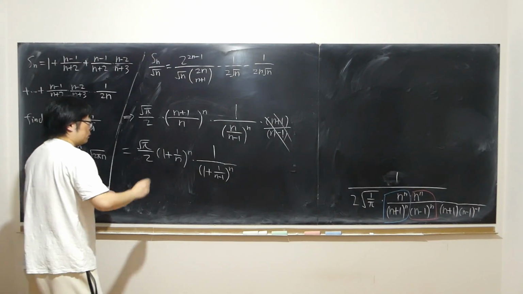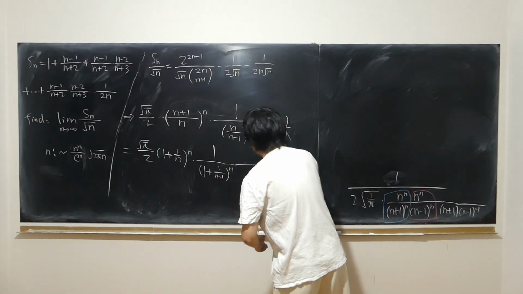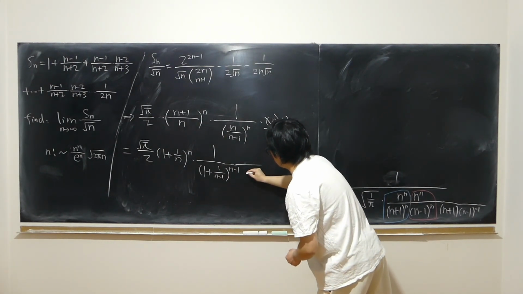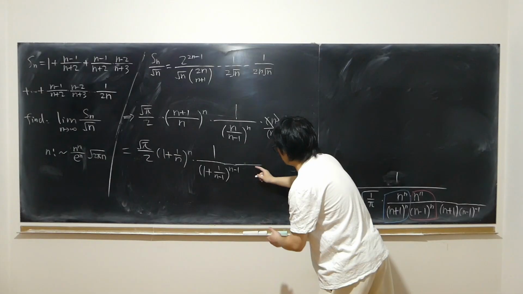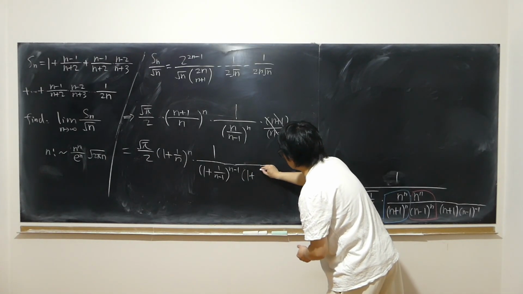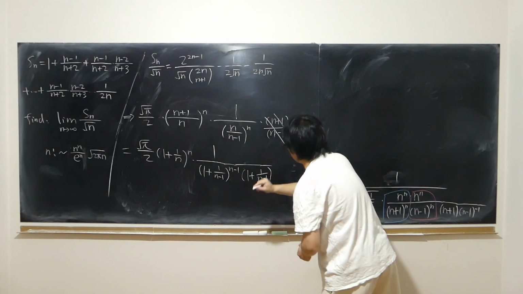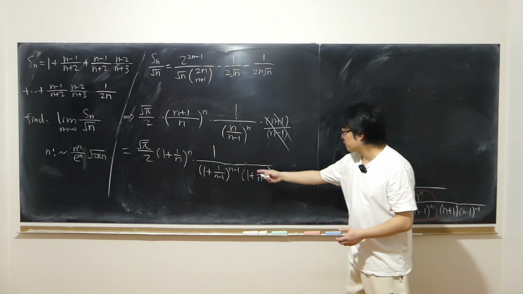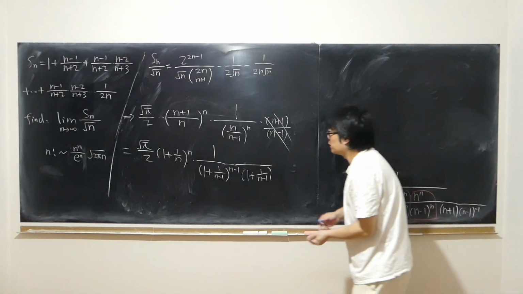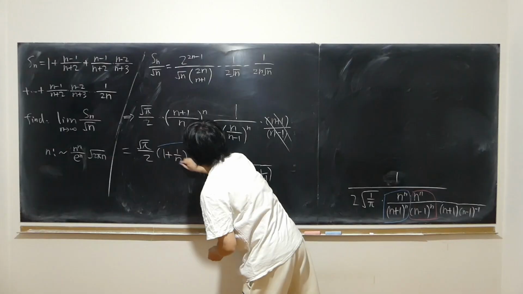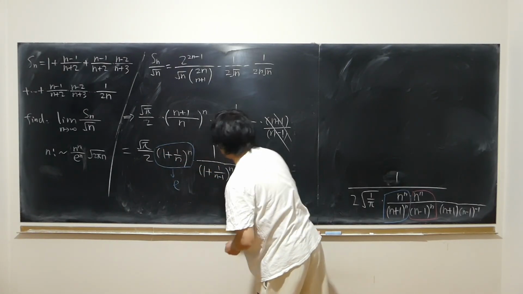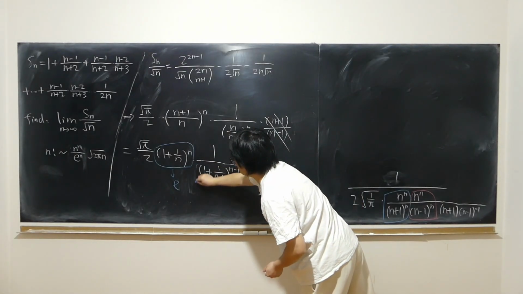So maybe n minus 1, the same as this one, then plus 1. But plus 1, I can multiply by 1 plus 1 over n minus 1, it's the same thing. So this time, immediately we notice that this one approaches e.